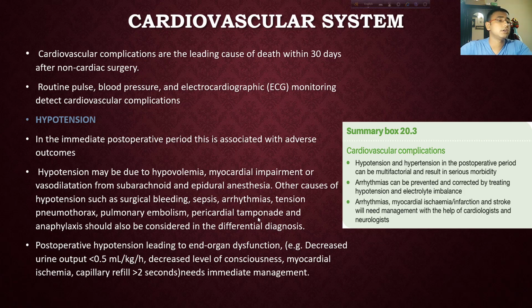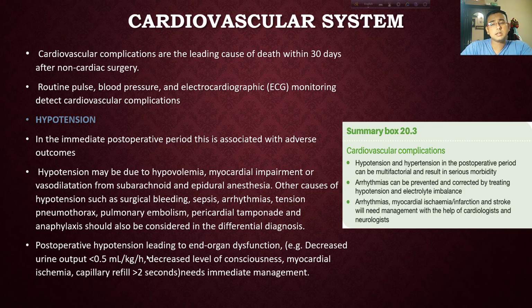So you must evaluate which complication has arisen. Postoperative hypotension can lead to end organ dysfunction. Sometimes multiple organ involvement can occur, and hypotension is a sign. Urine output less than 0.5 ml, because we all know that every hour 1 ml of urine must be produced.